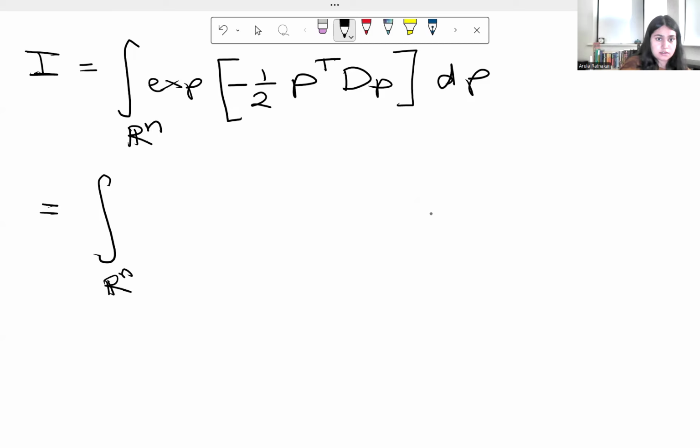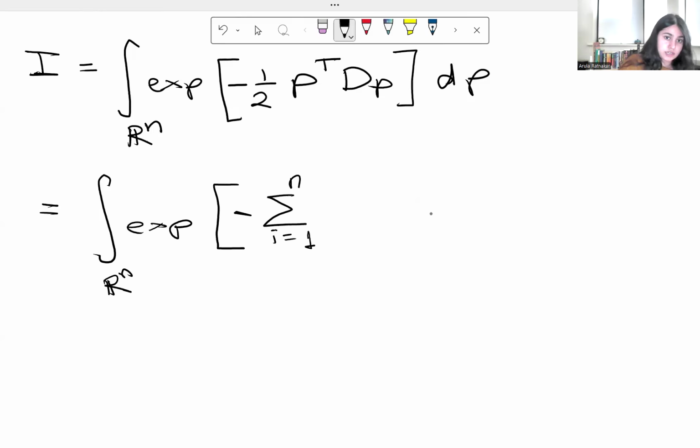R to the n exponent. And I'm going to bring the 1/2 into the summation because it's the same thing as keeping it on the outside. It's just multiplying everything. Plus 1 to the n.